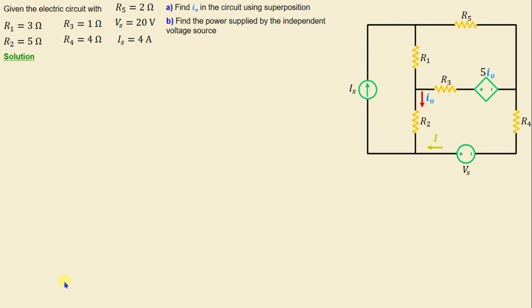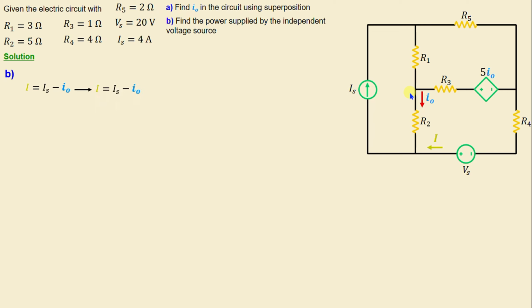Let's move on now to question B. To find the power supplied by the independent voltage source, the power is equal to Vs times the current I. We can see here in this node that I is equal to Is minus IO.